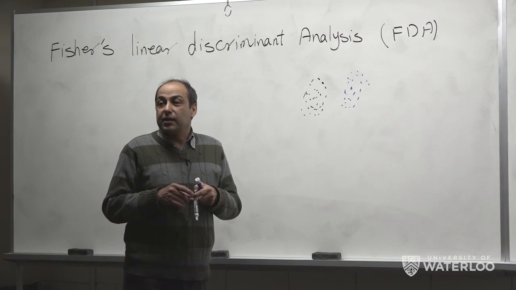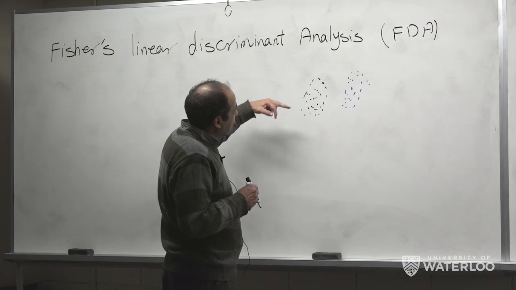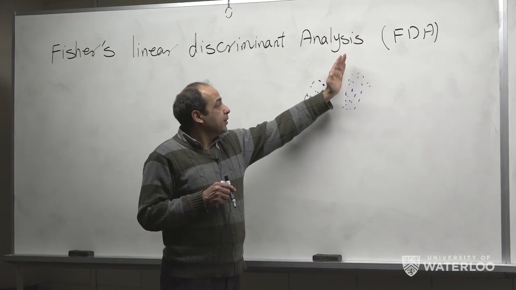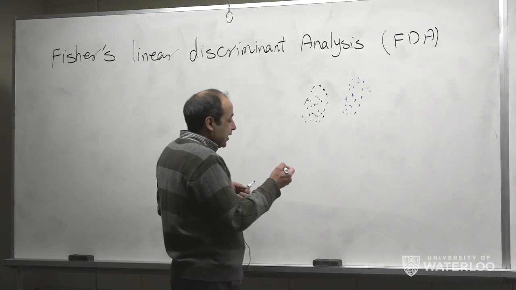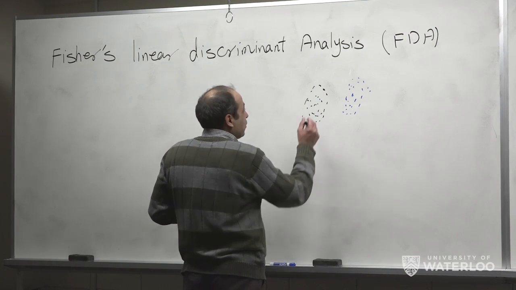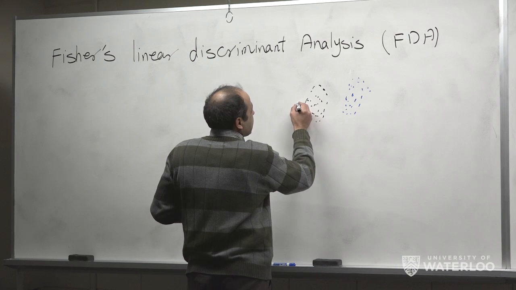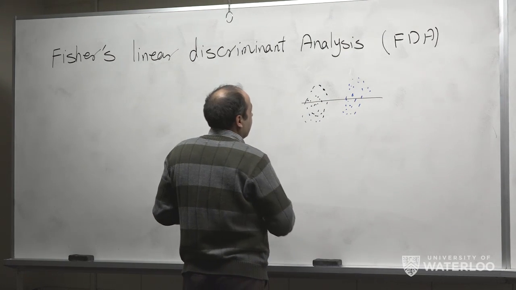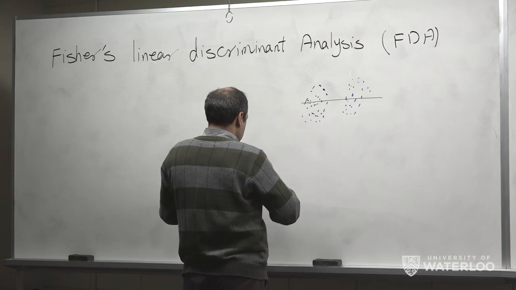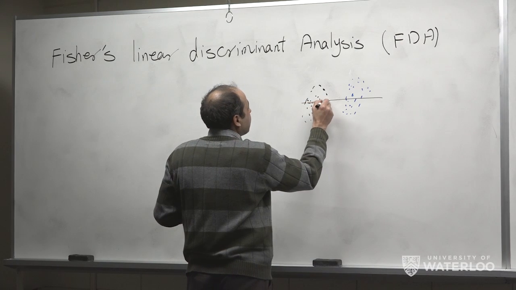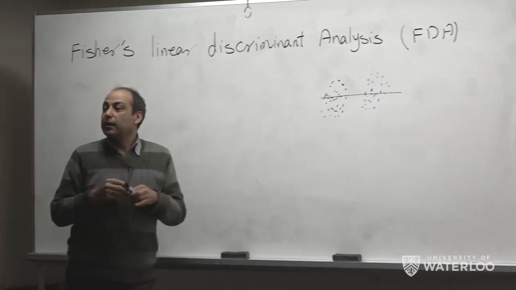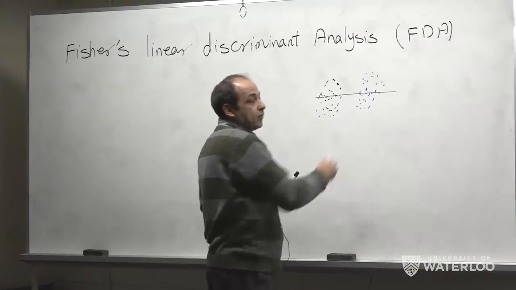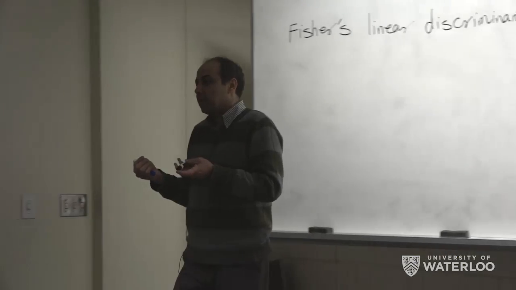If that's the case, then the best direction may not be the direction of maximum variation. The best direction, for example, could be this direction. If I project everything on this direction, then all black points will be here, and all blue points will be here, and then I can make distinction between them. I can feed a classifier using this one-dimensional points now. Okay.